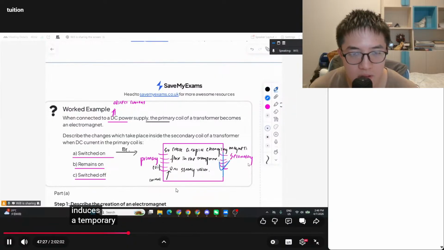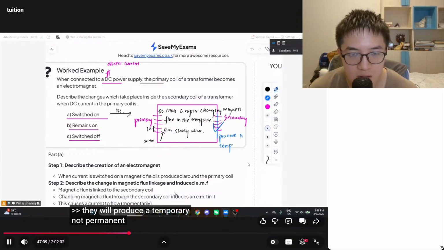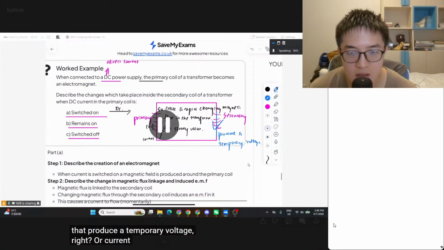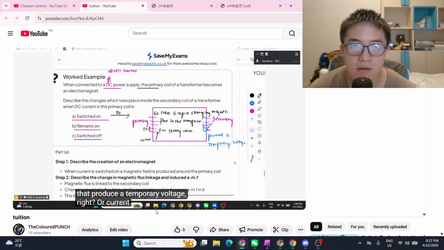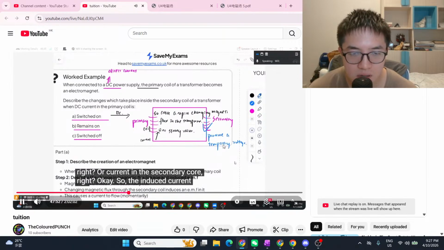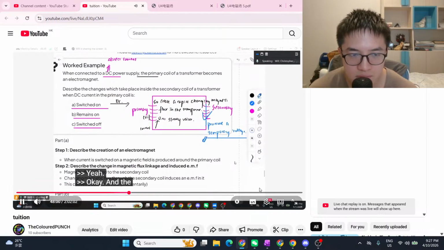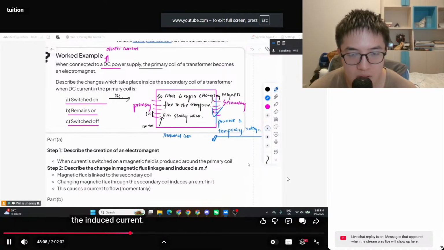It induces a temporary voltage, not permanent or not stable. It will produce a temporary voltage or current in the secondary coil, right? So the induced current will only exist for a short time, because it's a DC current, not AC current. There's not always changes.